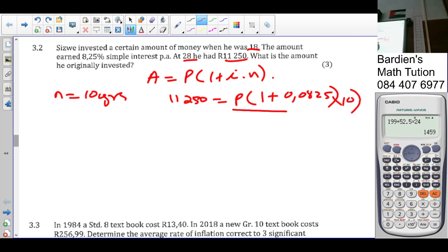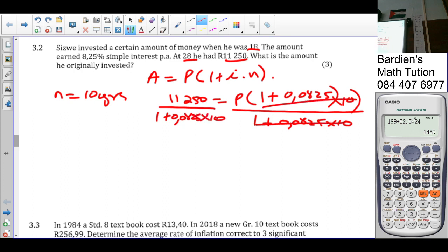So what I do is I divide both sides by 1 plus 0.0825 times 10. So that cancels. So P works out to be 6,164 and 38 cents. You all agree with that? Okay.